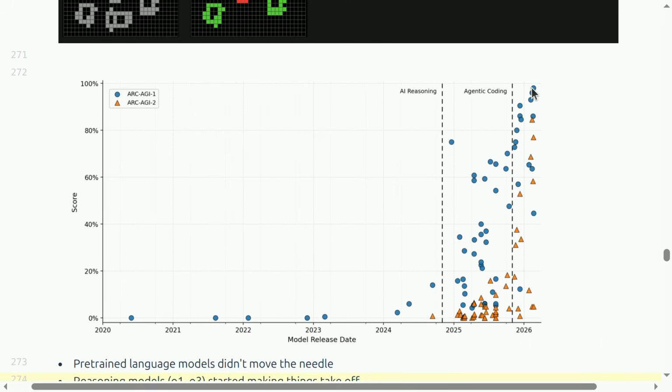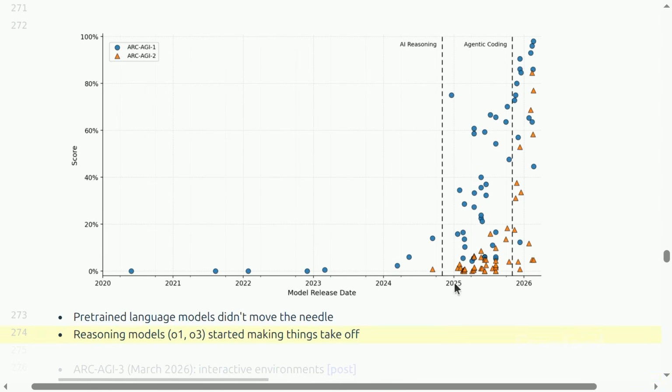And now ArcAGI 1 is basically solved. And even around 2025, when ArcAGI 2 came out, it's not quite solved, but it looks like it's on its way to being solved. So it was really the reasoning capabilities that unlocked this.